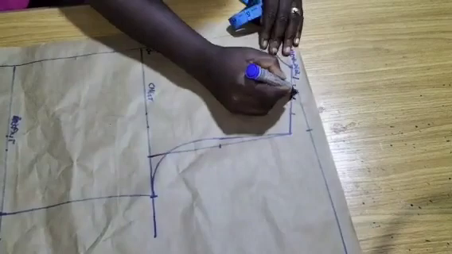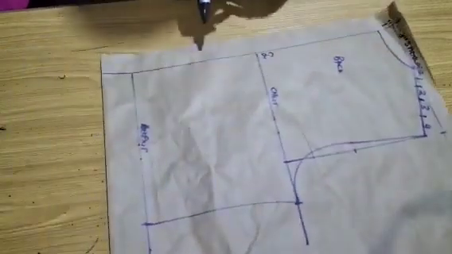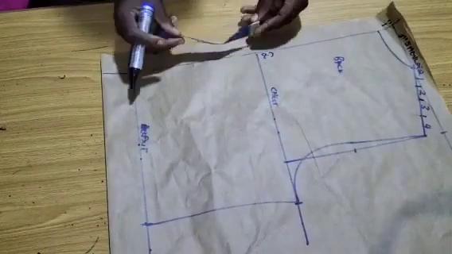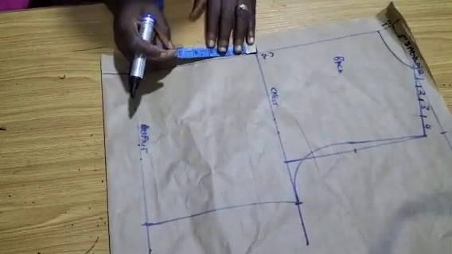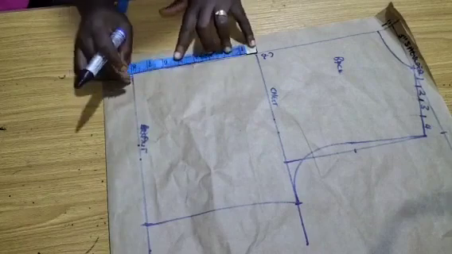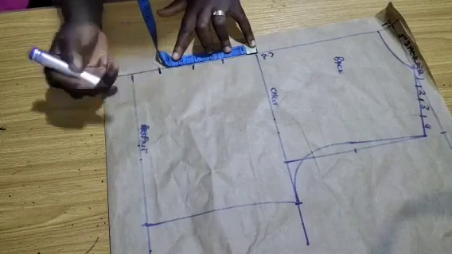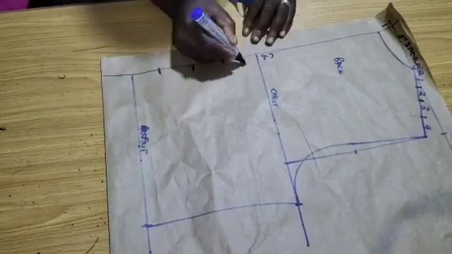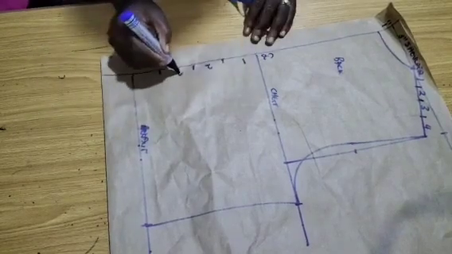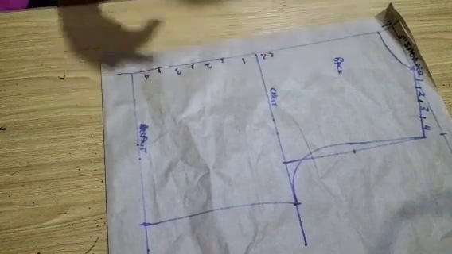So here I have 1, 2, 3, and 4. Then I'll come over from the chest line. I'm also going to divide the cowl effect I have on the chest line by 4. So here I have 1, 2, 3, and 4 as well.